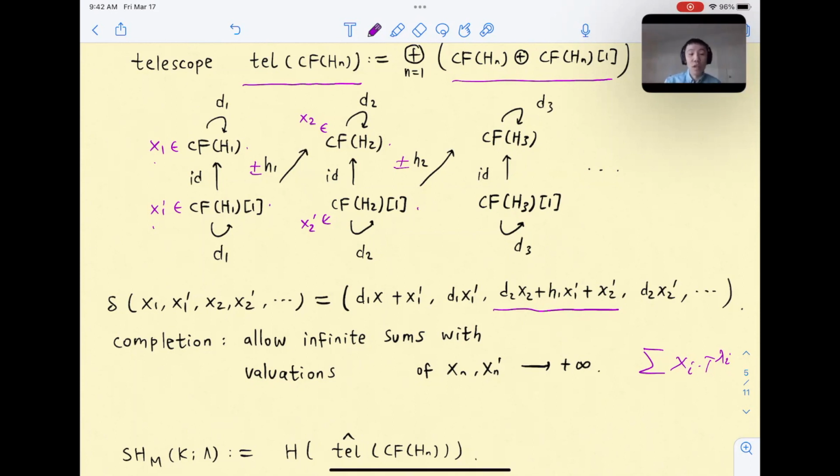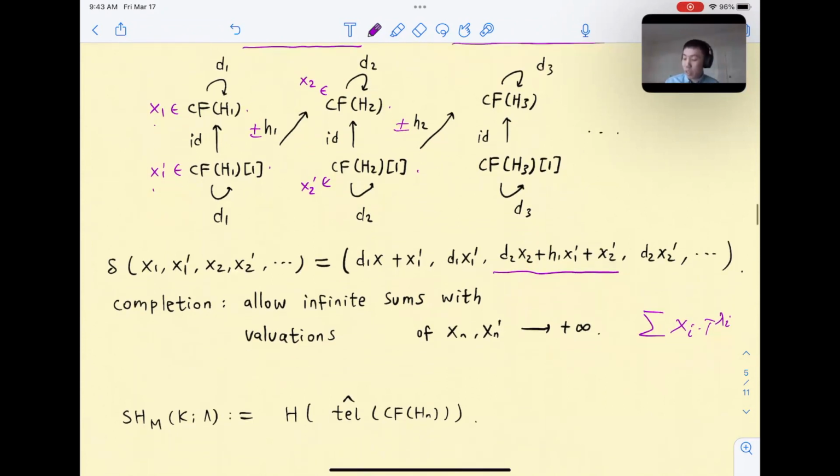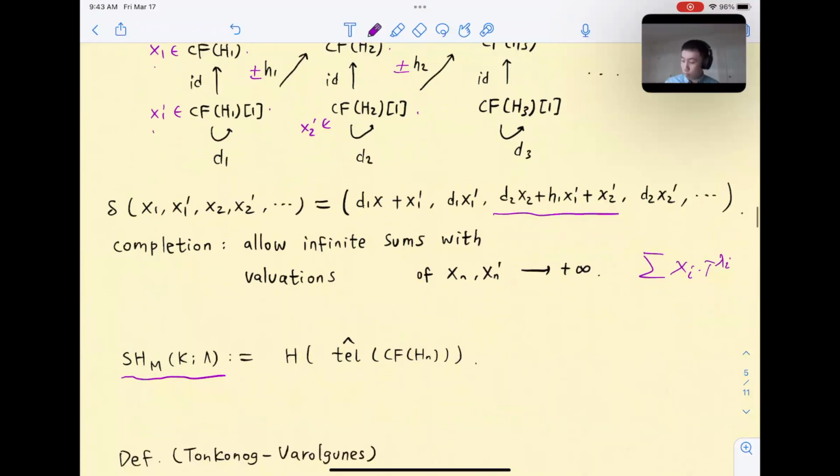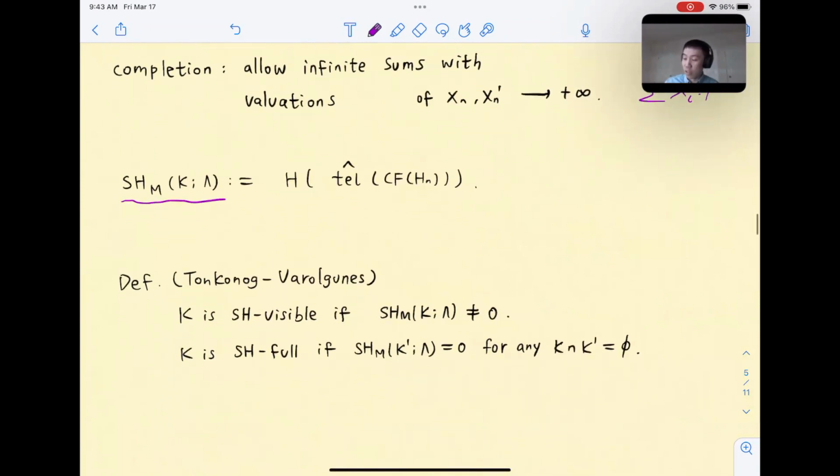So we allow infinite sums with the valuations going to infinity. Then after the completion, we take the homology to get this invariant, which we call the relative symplectic cohomology of K inside of M. So it's just the homology of this completed telescope. That's the definition of the relative invariant, constructed in Varolgunes' thesis.